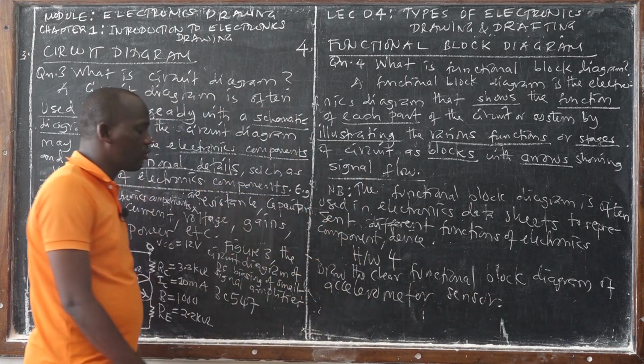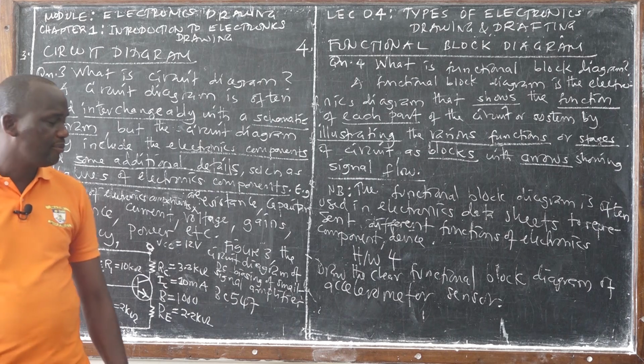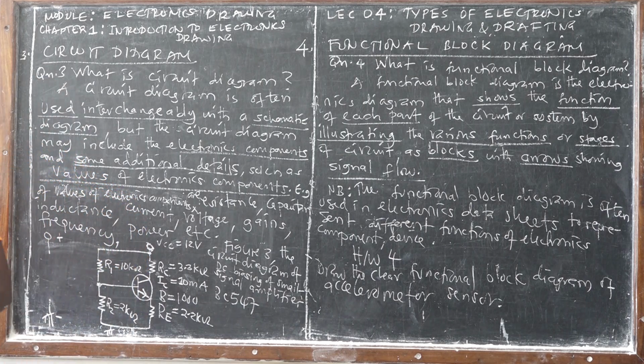So this is the sign. Draw the clear functional block diagram of accelerometer sensor. Say accelerometer sensor.